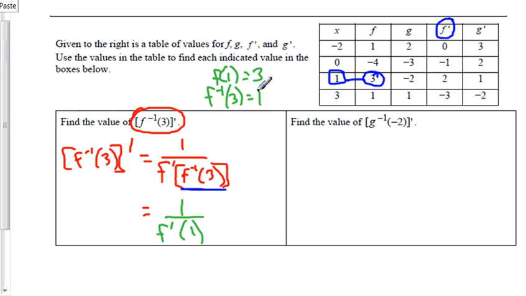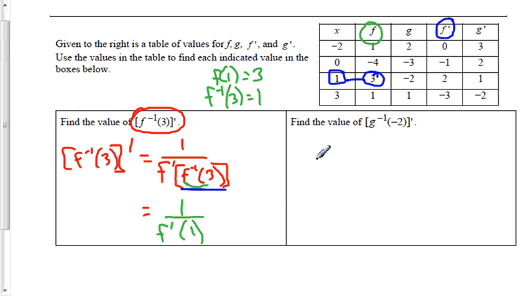Again, let me just review what we just did. We were at the original function. So the original function, I know when x is 1, the value of the function is 3, and therefore the inverse of f when x is 3, the inverse value of that function when x is 3 is 1.